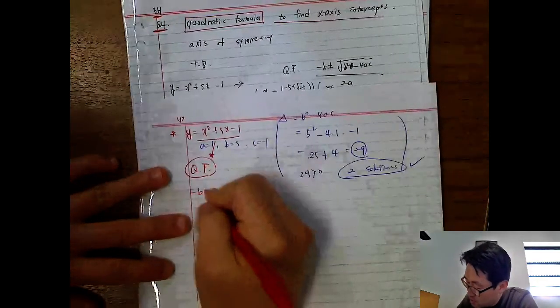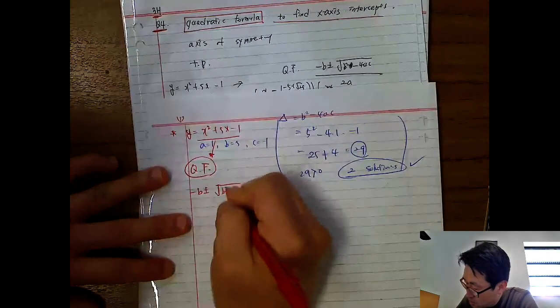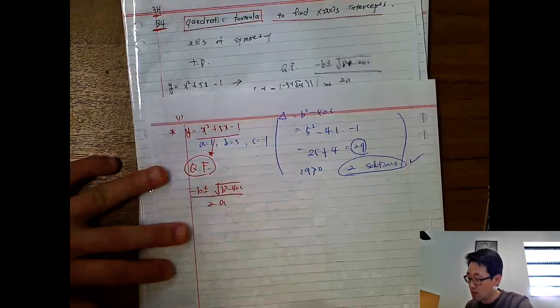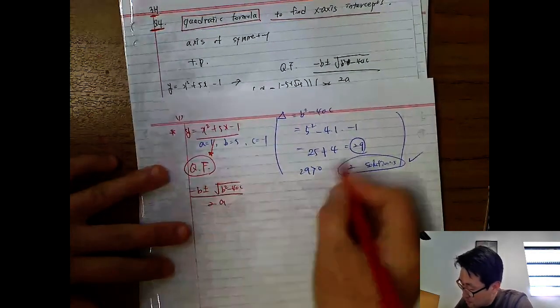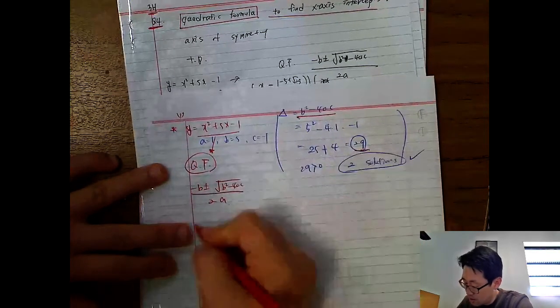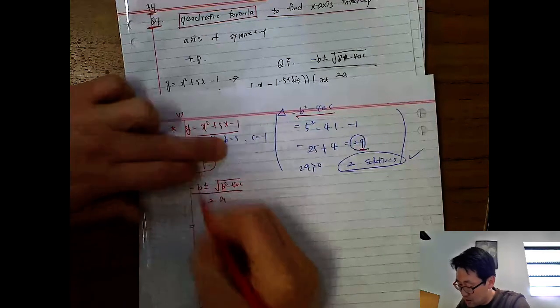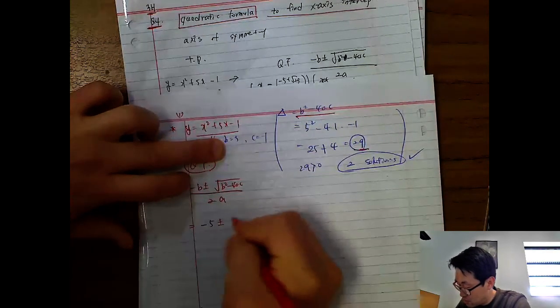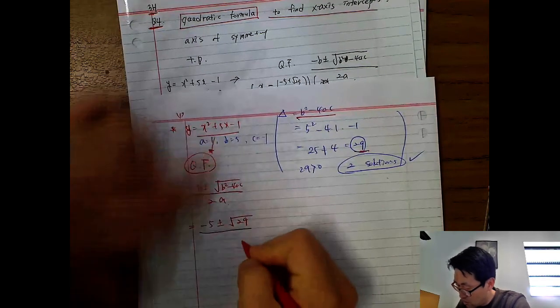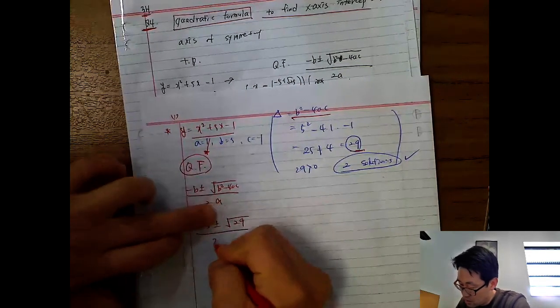Write down that x equals minus b plus minus root b squared minus 4ac over 2a. We already have b squared minus 4ac, which is 29. Therefore, minus b, minus 5, plus minus root 29 over 2a, 2 times a.